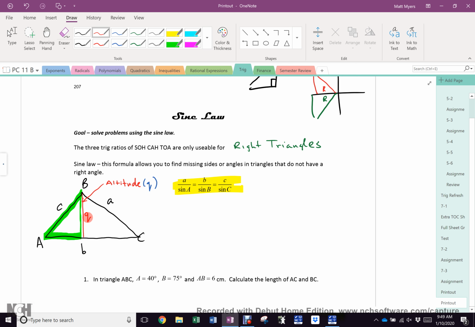All right. Since we are dealing with the sine law, let us do something with sine, okay? So, looking at A, what do you know about A? We know something about A, do we not?